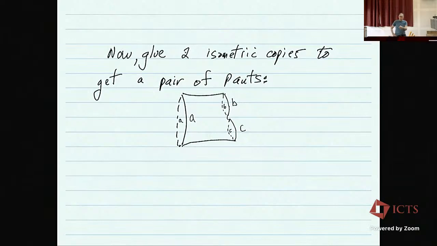And the pair of pants has geodesic boundary. The boundary length is twice A, twice B, and twice C. So here's an argument that given any 3 positive numbers, you can find a pair of pants with those lengths as their boundary.